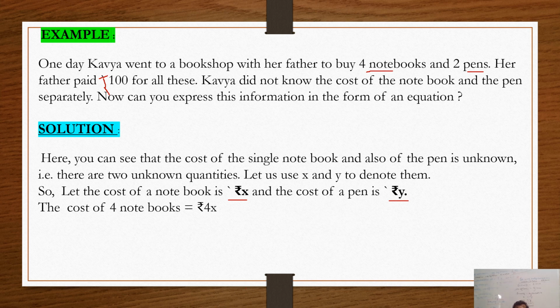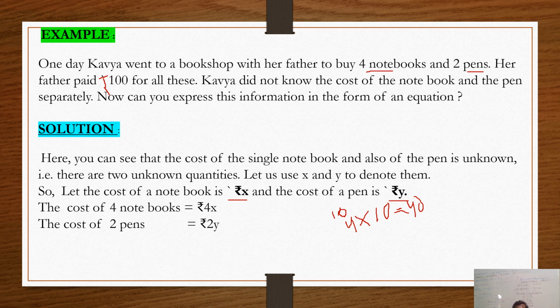The cost of one notebook is x rupees, so the cost of four notebooks is 4x. For example, if the cost of one notebook is 10 rupees, then the cost of four notebooks is 4 into 10, which is 40 rupees. Then, if the cost of one pen is y rupees, the cost of two pens is 2y rupees. How much did her father pay? 100 rupees.